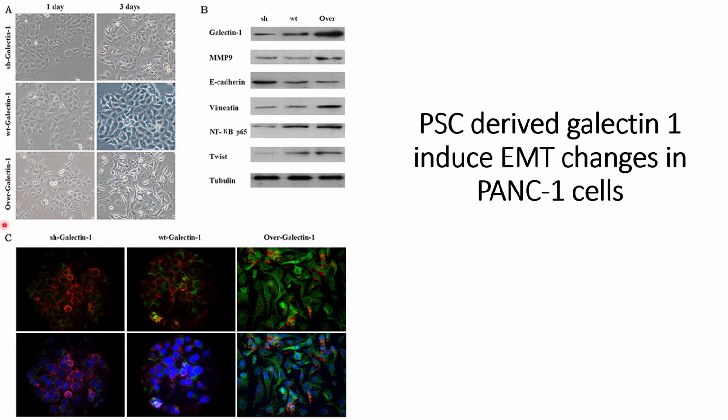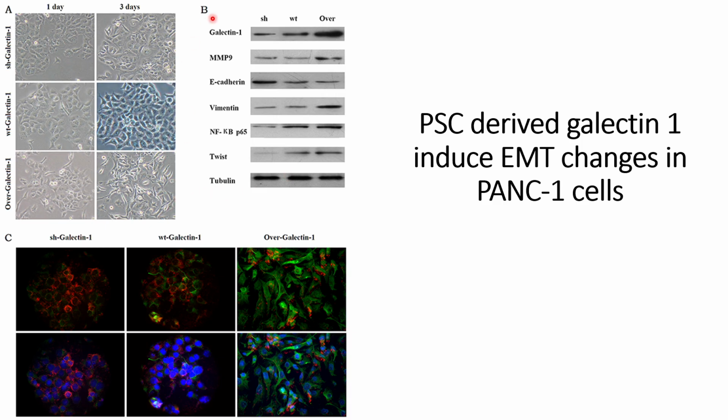But when PANC-1 is co-cultured with PSC in which Galectin-1 is overexpressed, the PANC-1 cells tend to be elongated, and more prominently they tend to grow individually. So this shows one of the key differences in the PANC-1 cells in the conditions where Galectin-1 is overexpressed.